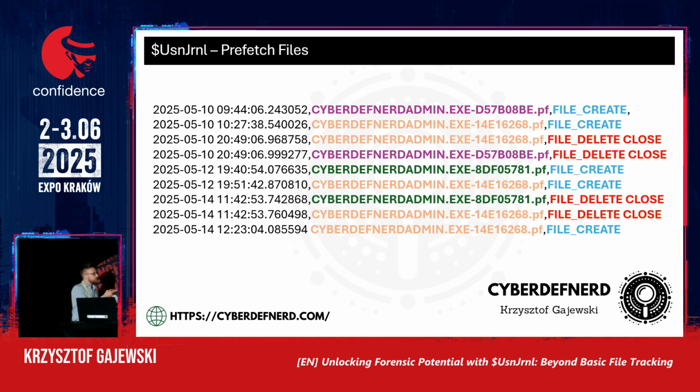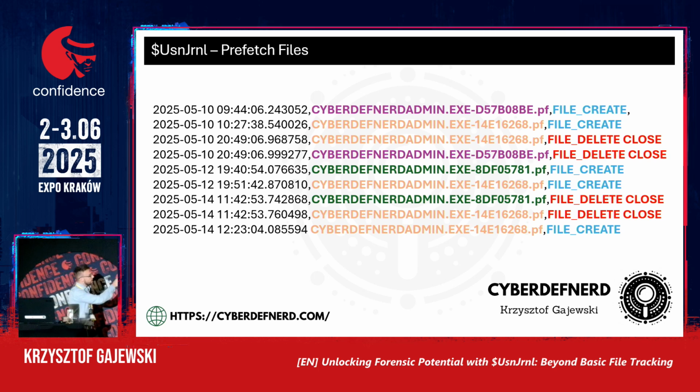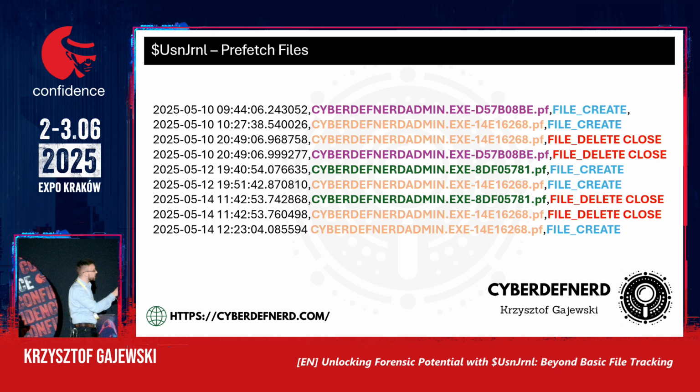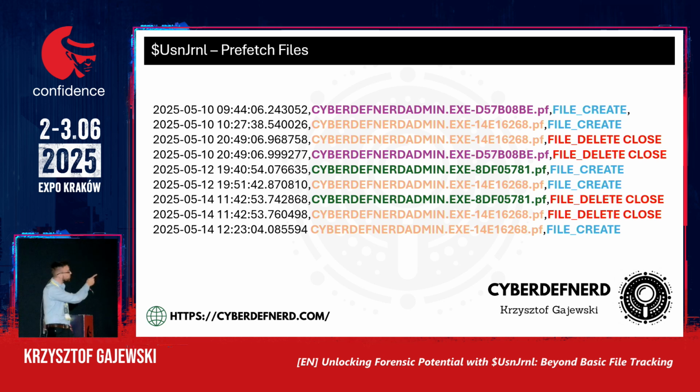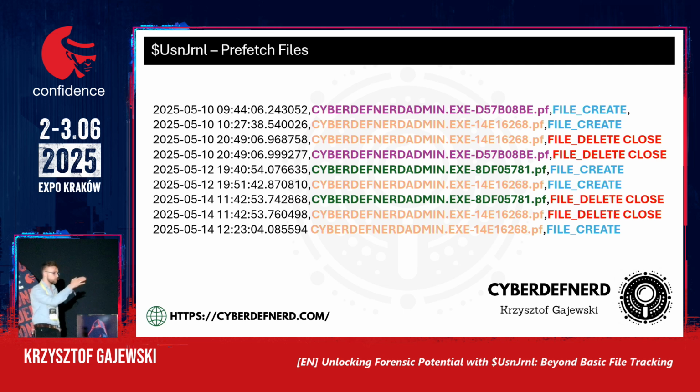What I discovered is that at the very beginning, the same executable, or at least one with the same name, was executed from 2 different places. You can see I tried to distinguish them using different colors. But then both of them were deleted, actually after 10 hours. Now imagine you have an incident and you make a collection 2 days later.